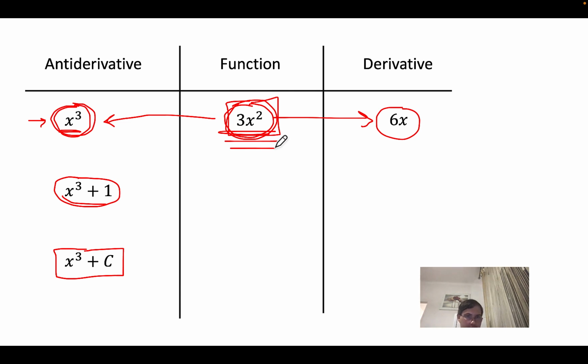The reason is that the derivative of x cubed is 3x squared, and the derivative of any constant c is 0. So the derivative of the whole function x cubed plus c is 3x squared.